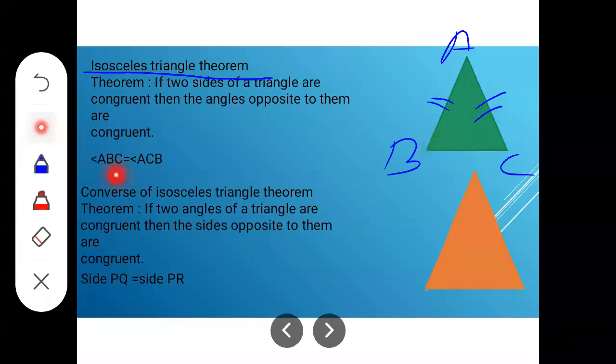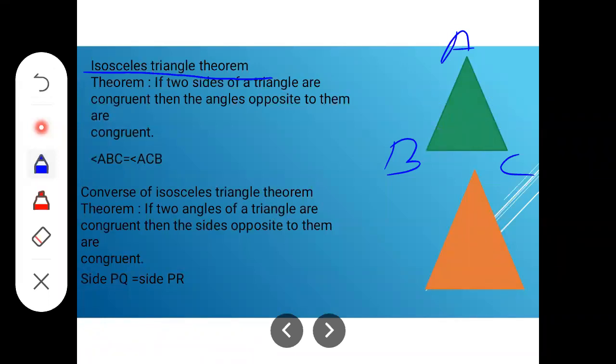So when the sides are congruent, the angles opposite to them are also congruent. Here angle B is congruent to angle C, as their opposite sides are congruent. This is the isosceles triangle theorem. Understood?